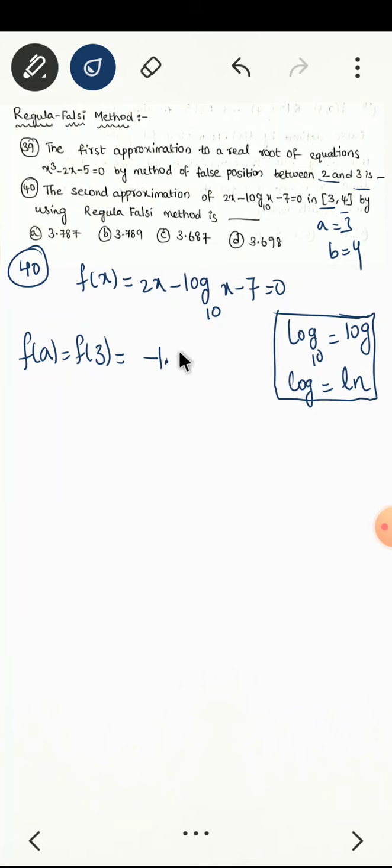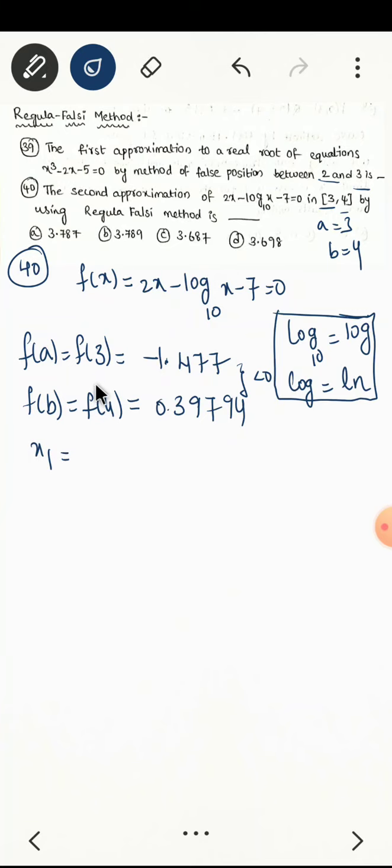Yes, minus 1.477. Then f of b is equal to f of 4. Substitute 2 into 4 minus log base 10 of 4 minus 7. So I am getting 0.39794. If I multiply these two, it is less than 0, that's fine.